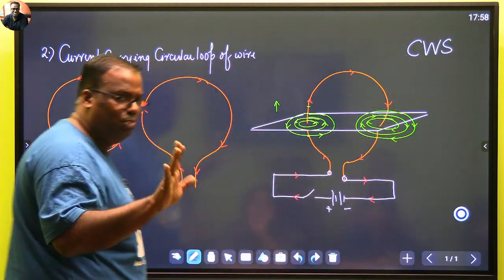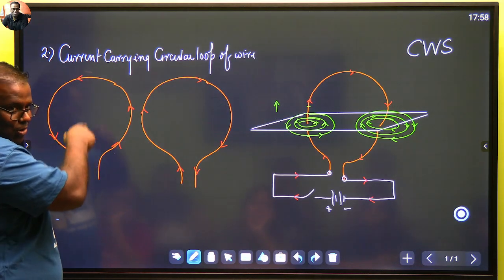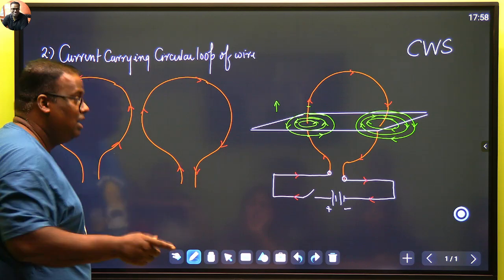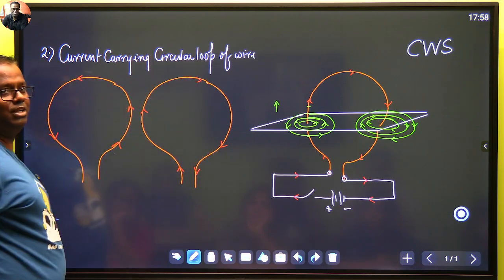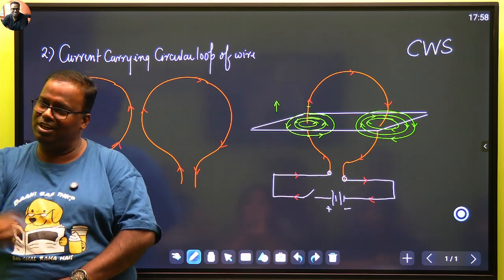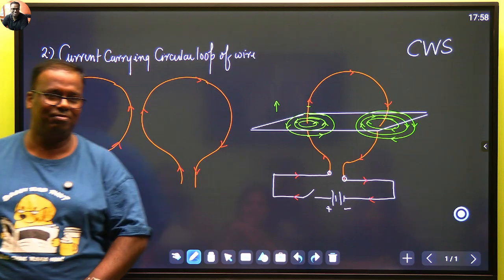Now see how the beauty of this is. You might be thinking, sir, this is counterclockwise, so it will be north pole. No. Now Neha is on this side, right? You make Zoe stand on the other side. Try to imagine. How will Zoe see the current? She will see the current flowing in the anti-clockwise direction.